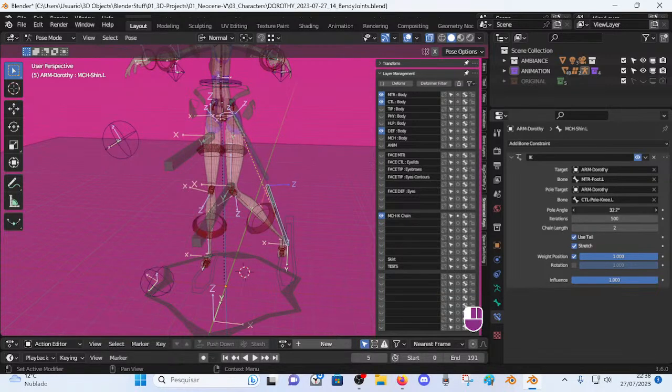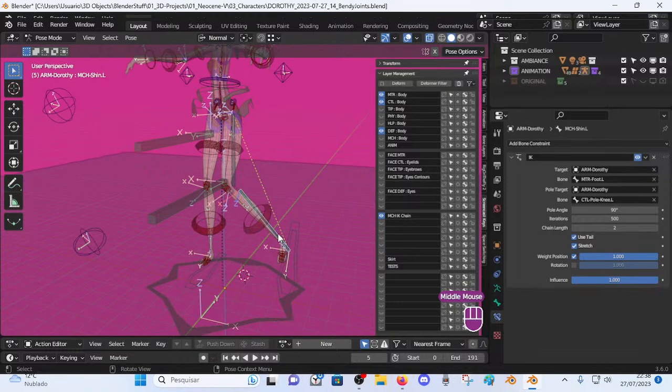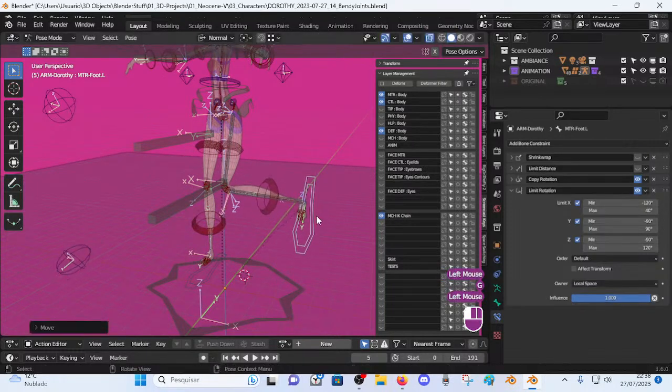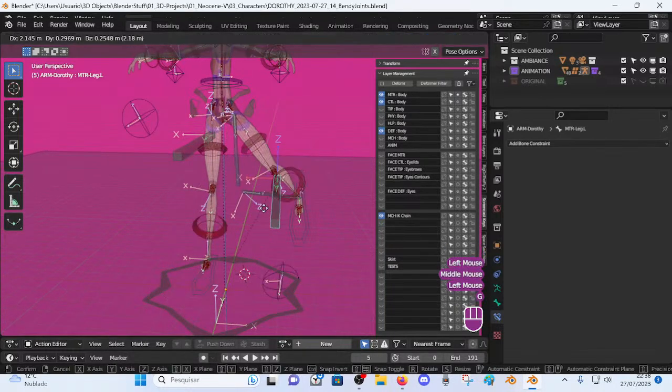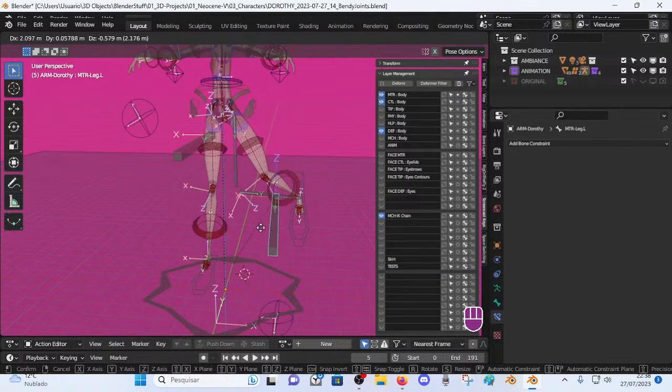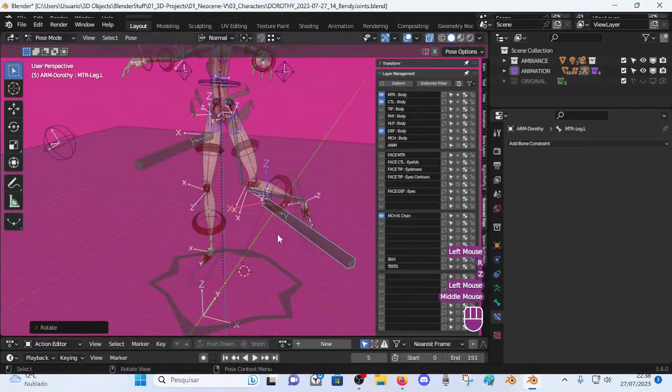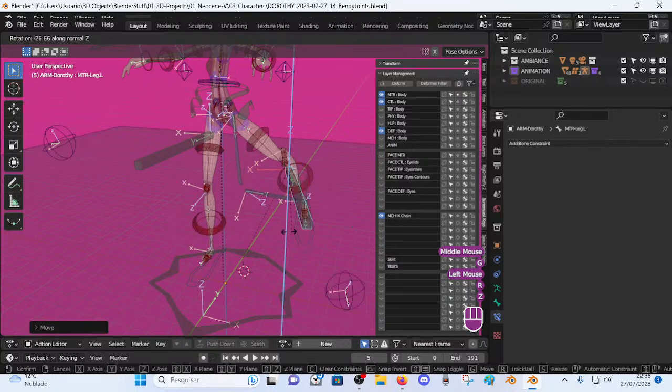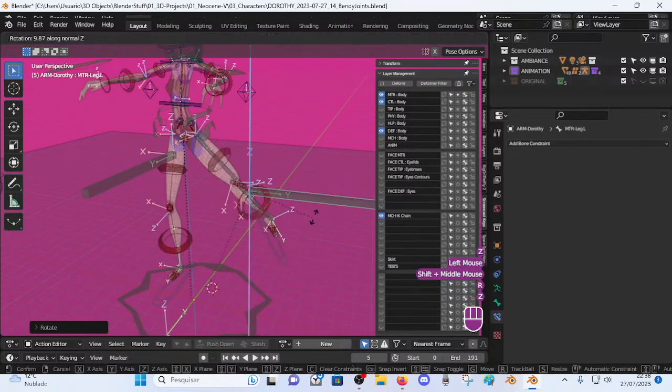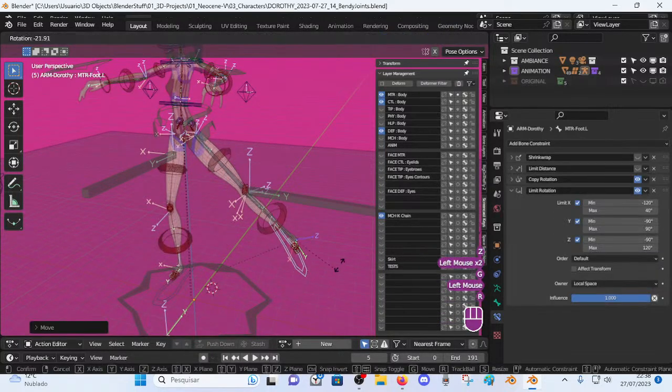We can see that it should be 90 perhaps. Yes, something like that. Alright, so this is approximation. Now we see that as I move here, it needs some rotation in order to adjust itself.